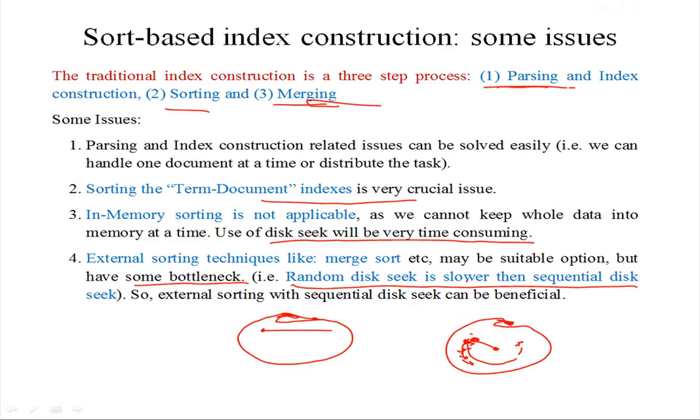But suppose one data exists here, one here, and one here, and then another exists here. Then it will take a lot of random head moves, and it will increase the time. So this is a major bottleneck of external sorting techniques like merge sort, etc.